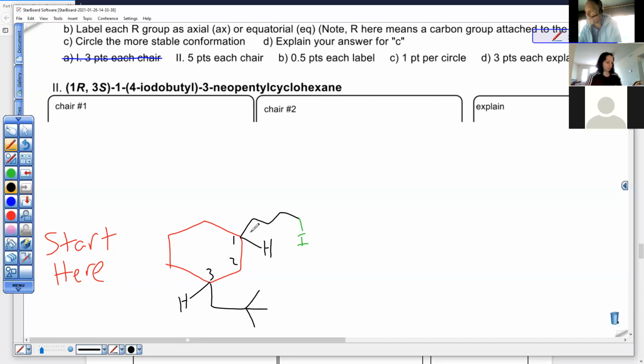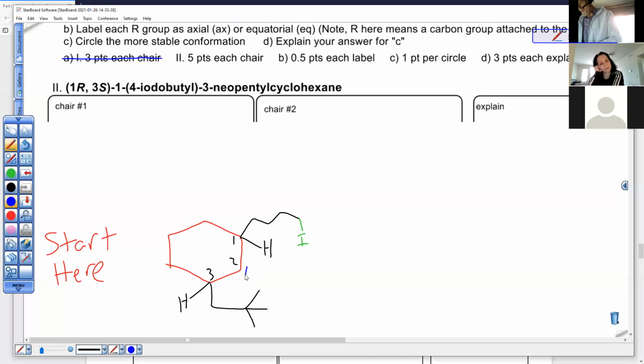If I get counterclockwise, I'm going to put the H on a wedge. That's the only two possibilities. I need it to be clockwise if this is on a dash, or counterclockwise if this is on a wedge, because then it won't be S, it'll therefore be R. I'm just doing a lot of talk; it's probably best illustrated if I do this problem.